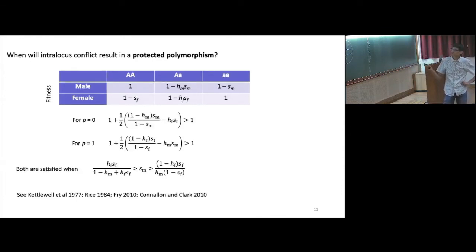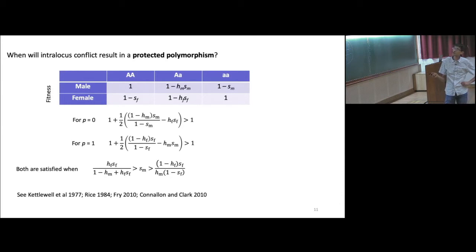Okay, so that's basically how you would analyze the model, but let's just look at what happens when you do that. You find that in order for this boundary point to be unstable, you need to satisfy this inequality. In order for the other boundary point to be unstable, you need to satisfy this inequality.